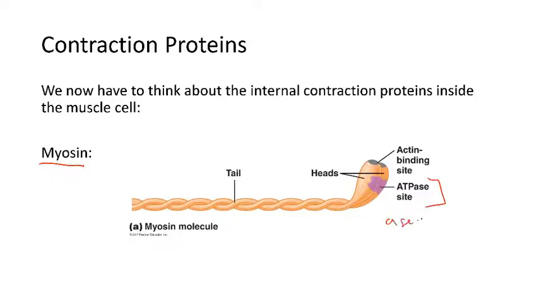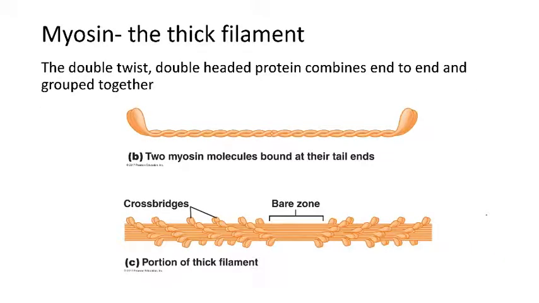Remember, ase equals enzyme. Any enzyme called an ATPase specifically burns ATP for the energy. And we're using it much like the pump, burn it to move the sodium. This time we're going to move the myosin and the actin. So normally what we see is that these myosin tails are twisted and then they're end to end.